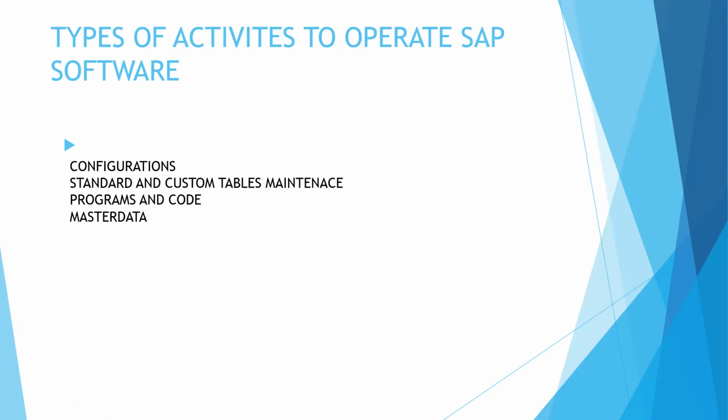What is your configuration? 10 GB RAM, a 1 TB hard disk, and screen sizes of 15 inches, 17 inches, 20 inches, even 42 inches. Like that, different sizes will be there. In that, full HD is there, HD is there, and like that, different configurations. In the similar way, in the SAP sales and distribution module, we're going to configure based on our customer requirement.